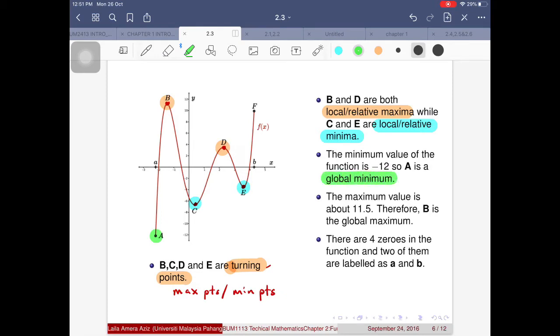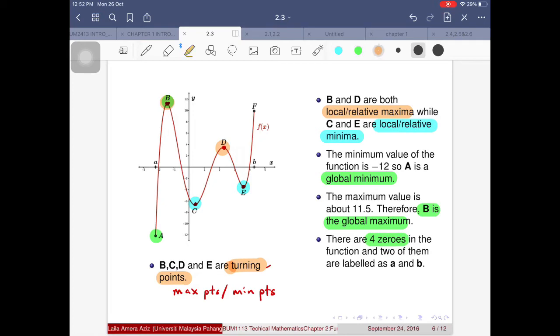So therefore A is going to be the global minimum, because it is the lowest point on the y-axis. And of course, where is the highest point? The highest point is going to be at B. So for this case, B is going to be the global maximum. That is where the highest point of y lies, and A is going to be the global minimum.